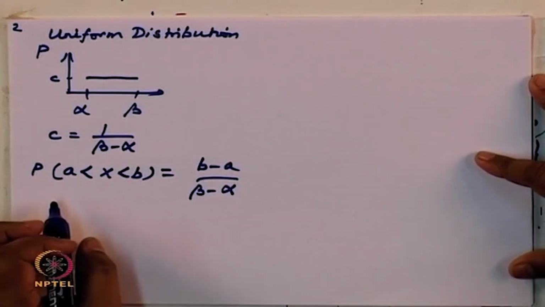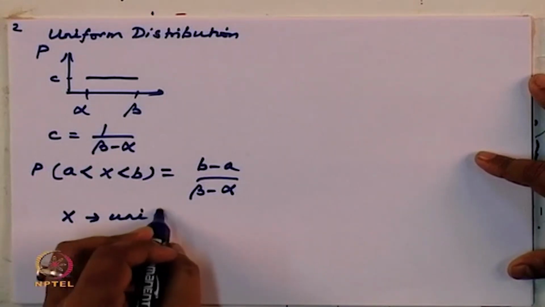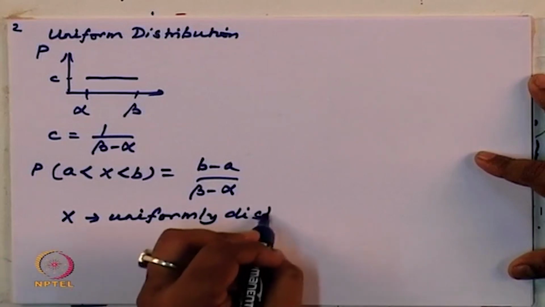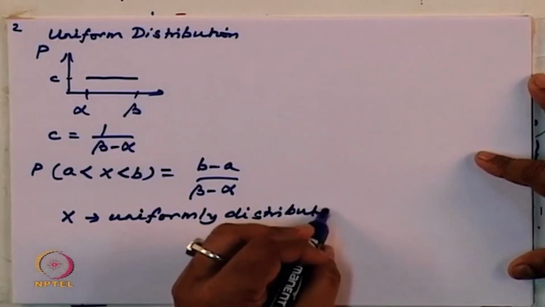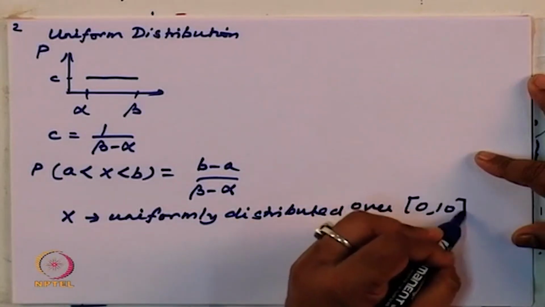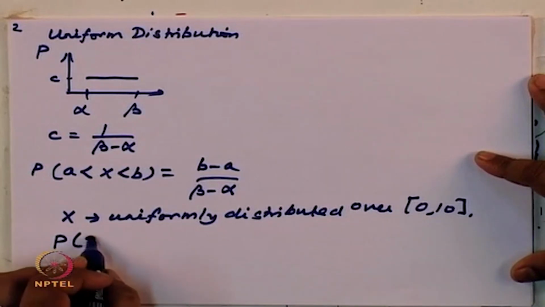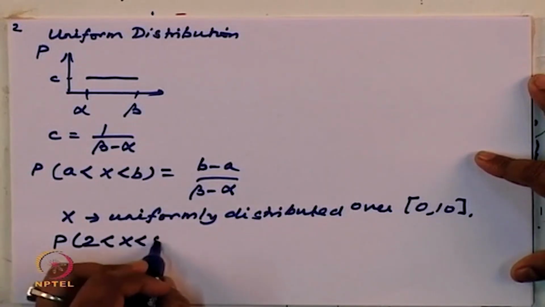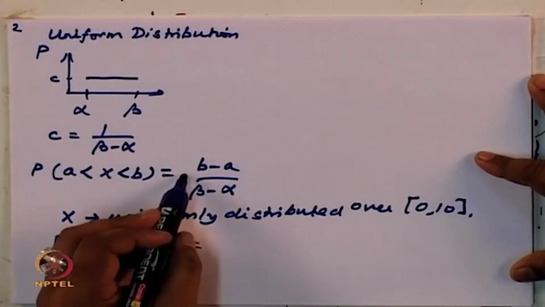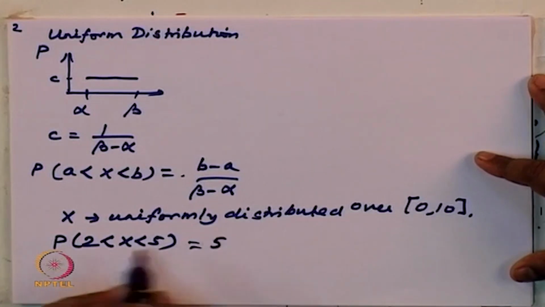Imagine you have a random variable x which is uniformly distributed over 0 to 10. Let us say you want to calculate probability of 2 less than x less than 5. As you know from this example, b is equal to 5, a is equal to 2.